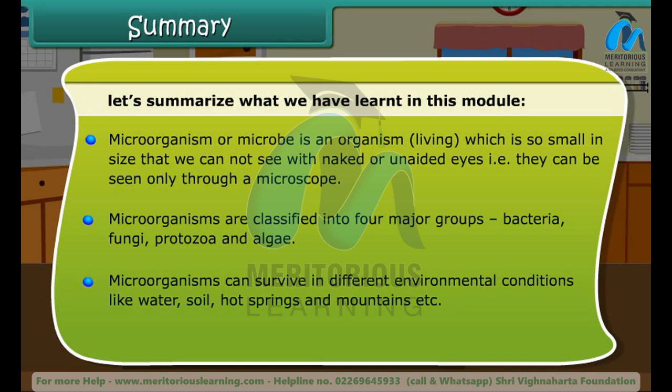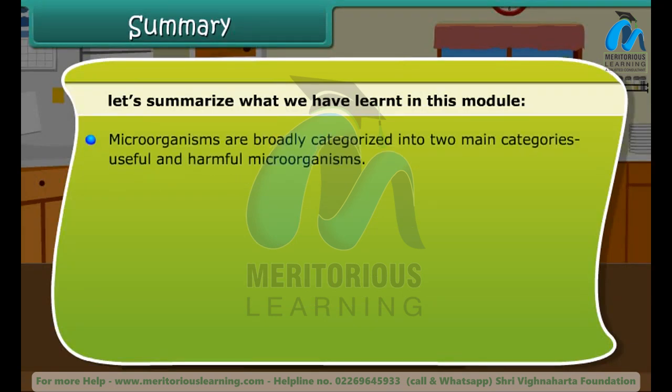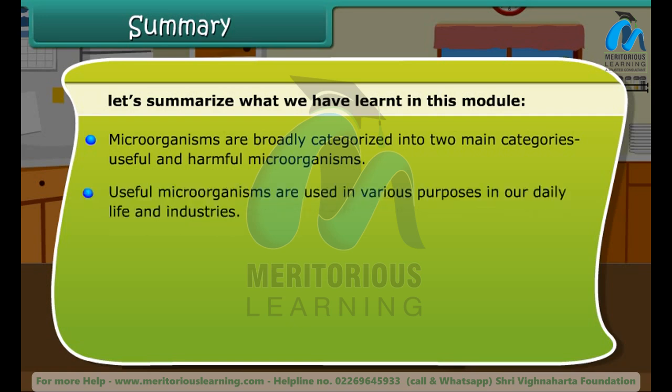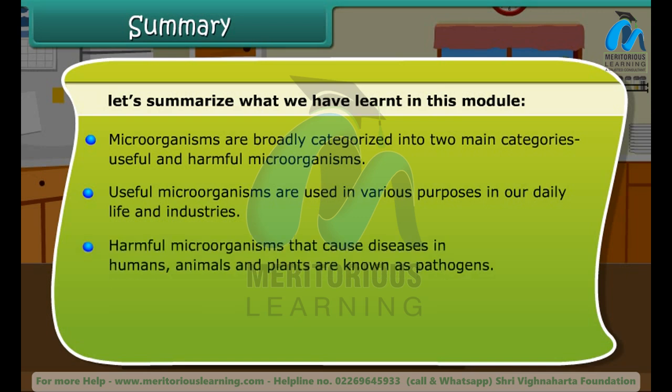Microorganisms can survive in different environmental conditions like water, soil, hot springs, and mountains, etc. Microorganisms are broadly categorized into two main categories: useful and harmful microorganisms. Useful microorganisms are used for various purposes in our daily life and industries. Harmful microorganisms that cause diseases in humans, animals, and plants are known as pathogens.